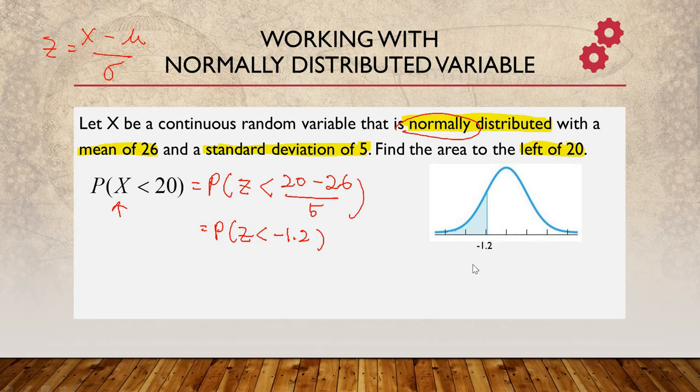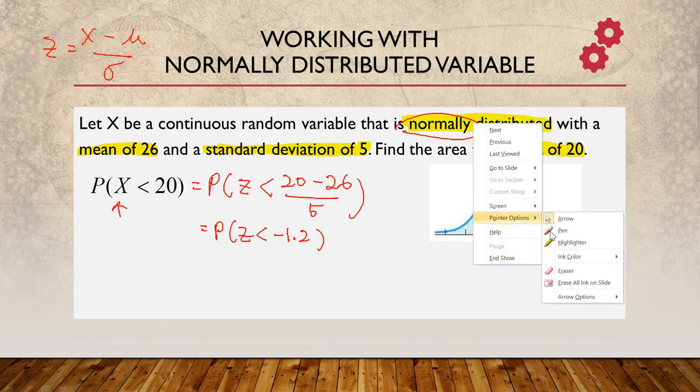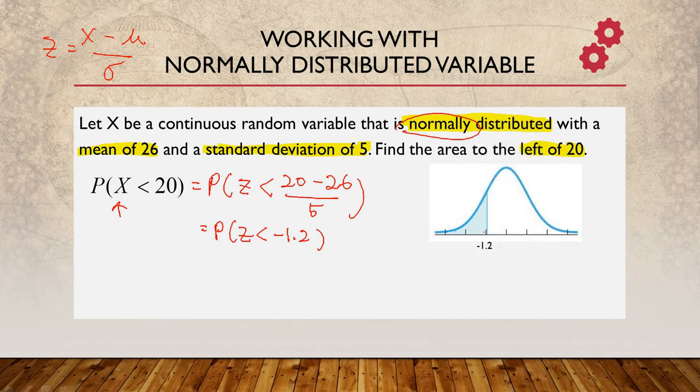This one already drawn, so I no need to draw. So here we want to find the tail. How to find the tail? So finding the tail is 1 minus P(z less than 1.2). Alright, so 1.2, 0.8849.